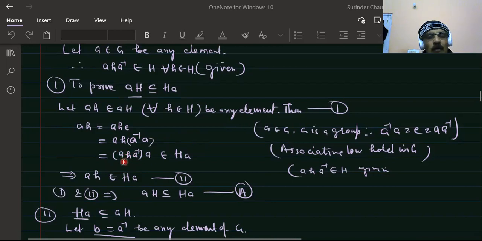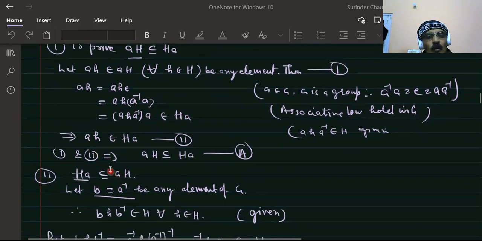We are given that a h a inverse belongs to H. Therefore a h a inverse into a belongs to Ha. So we assumed that ah belongs to aH and proved that ah belongs to Ha. So this implies aH is a subset of Ha.